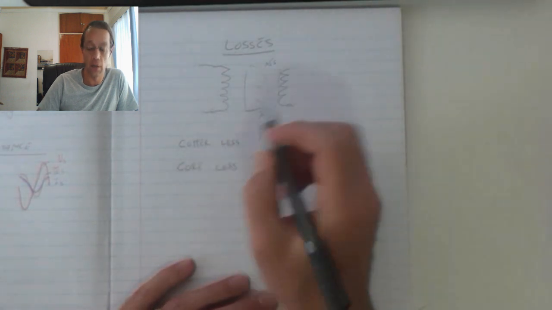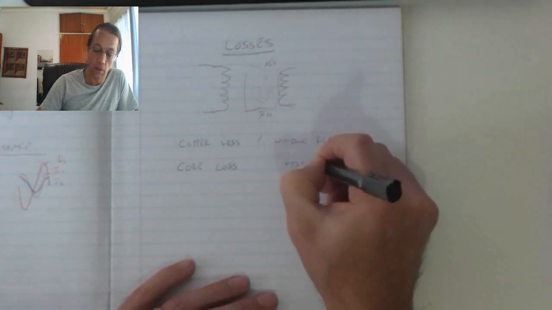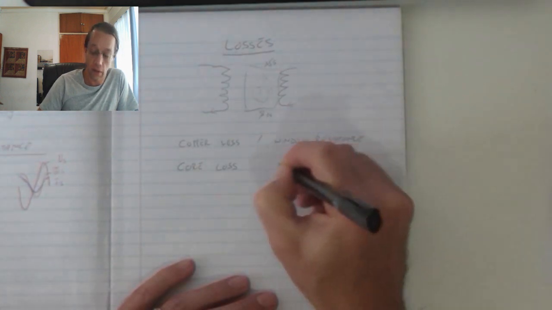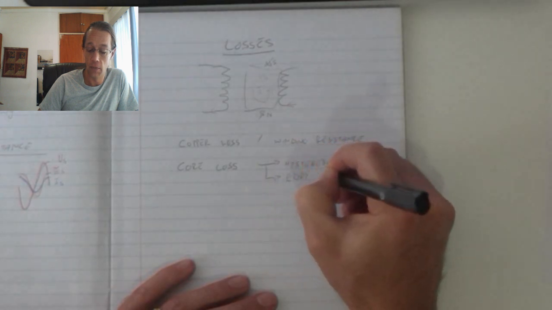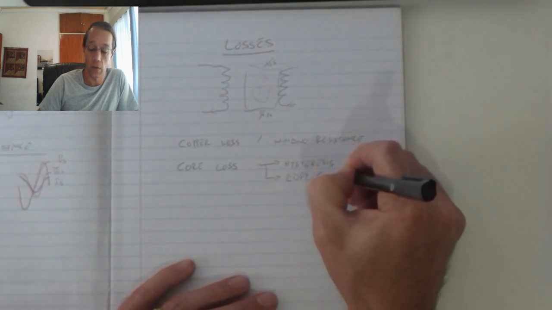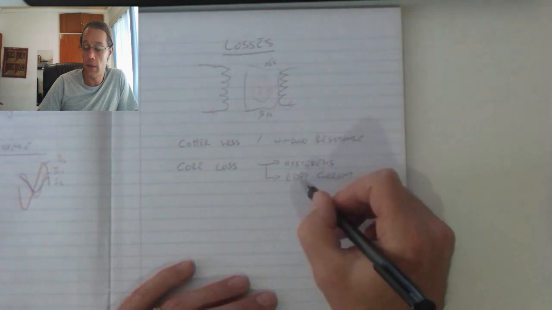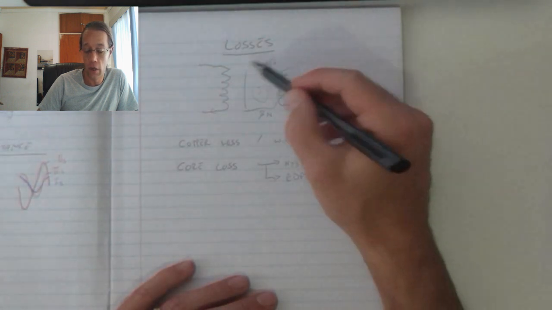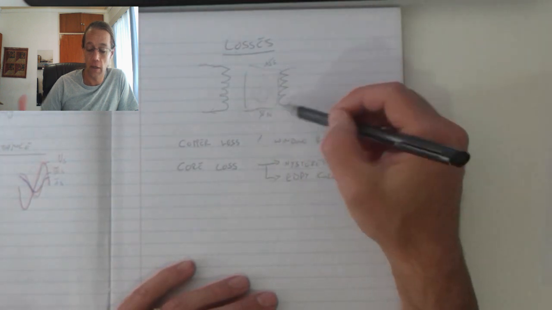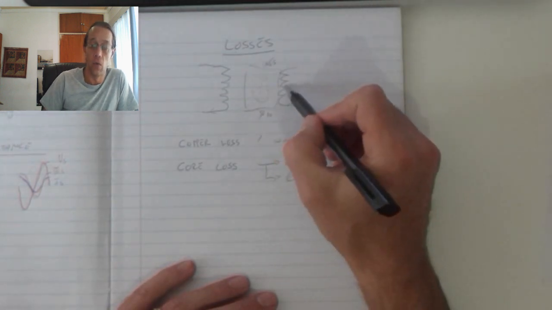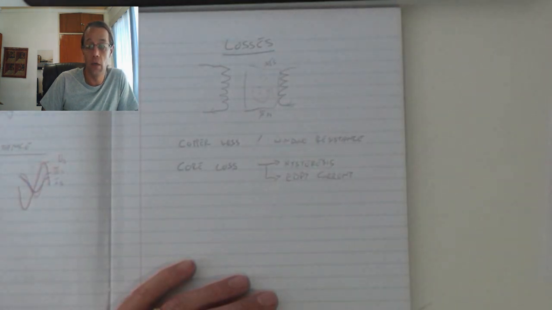So core losses, to summarize, are hysteresis as well as eddy currents. Also, by the way, the eddy currents cause the transformer to increase in temperature, and as the temperature increases, the resistance of the copper will also increase.